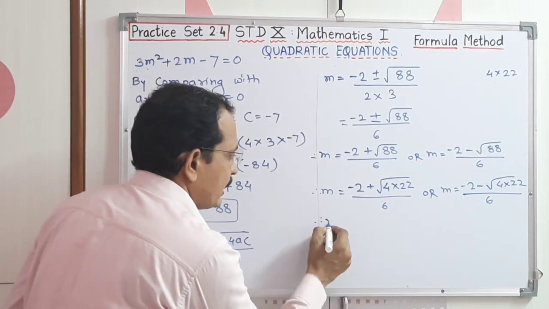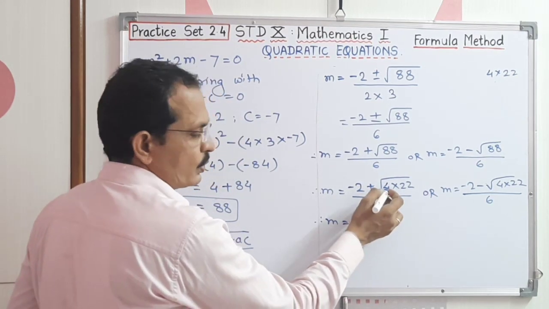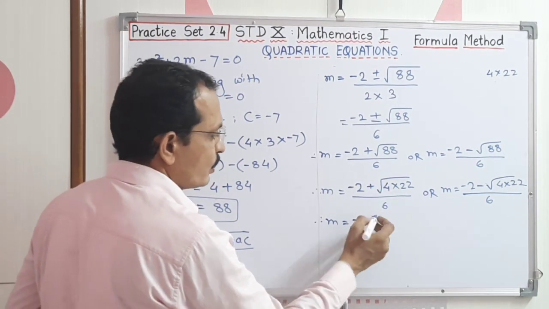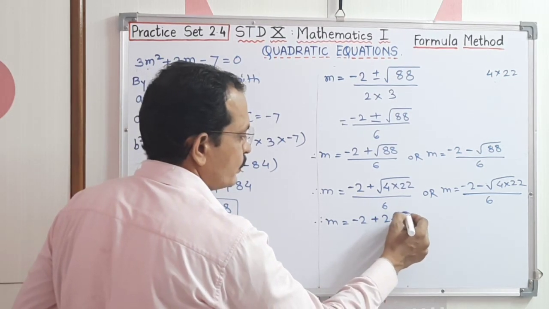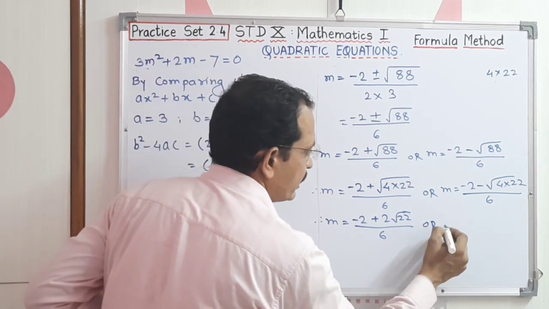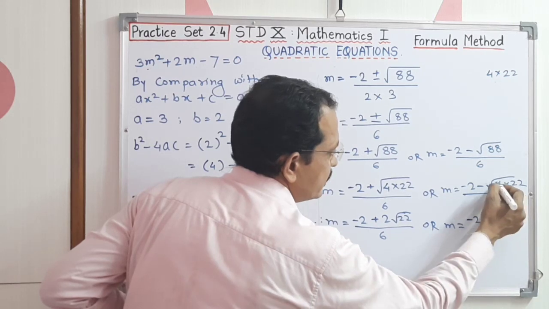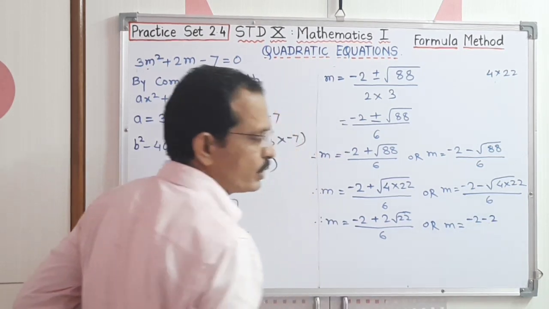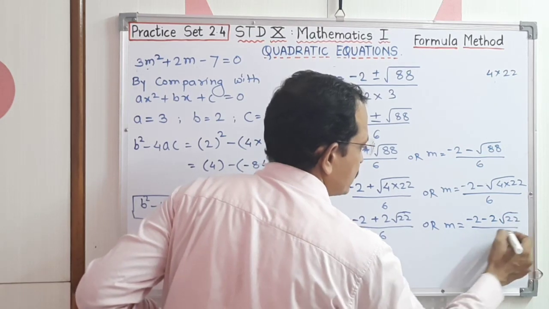Now take out the square root of 4, it is 2. So m is equal to minus 2 plus 2 root 22 upon 6, or m is equal to minus 2 minus 2 root 22 upon 6.